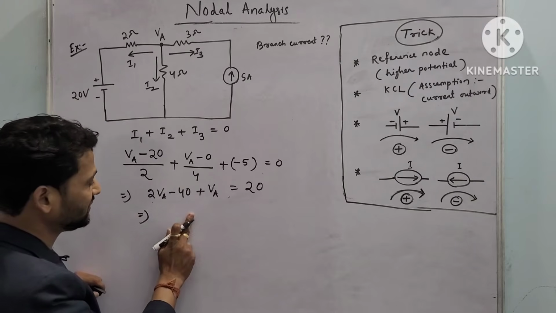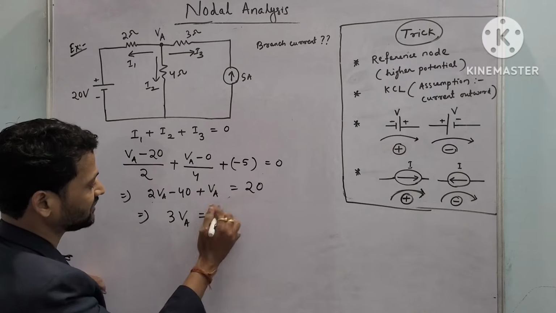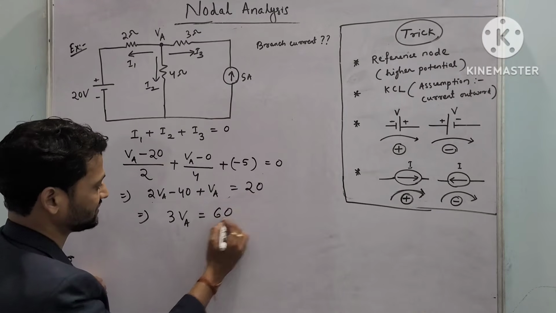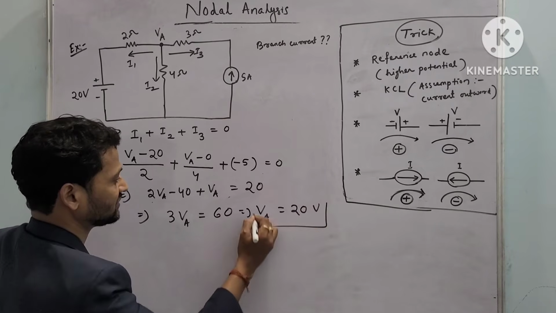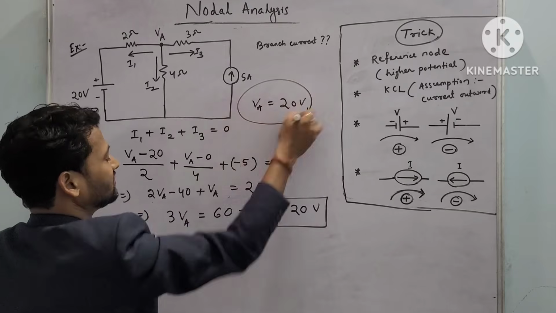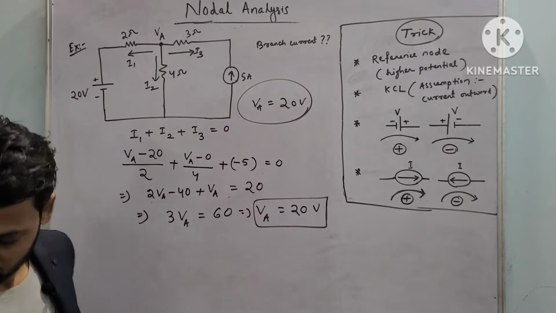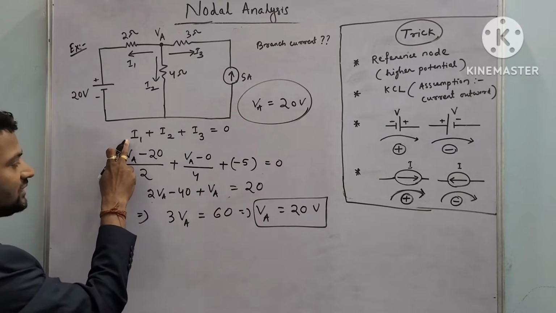So 2VA plus VA, that is 3VA, will be equal to 60. So VA is 20 volts. Now we put the value of VA here to get I1.